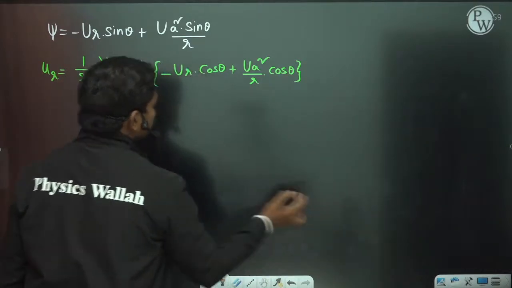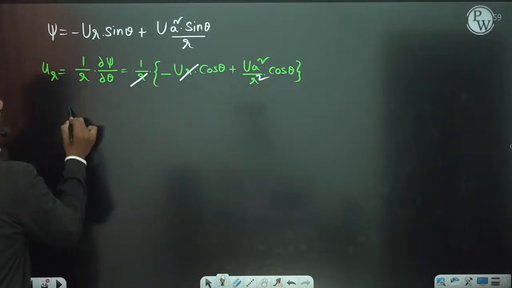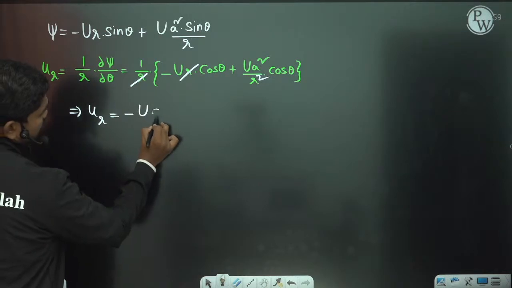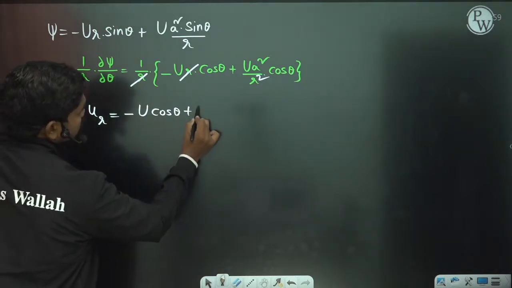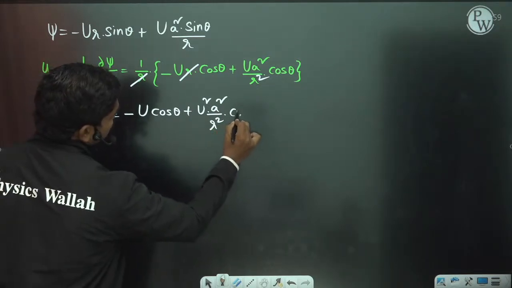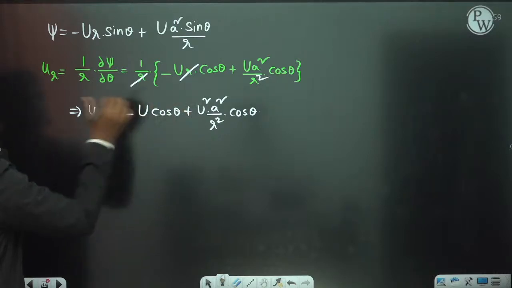If you simplify, this r cancels this r and we put an r² here. So the radial velocity at any given location is minus U cos θ plus U a²/r² cos θ. This is the expression for radial velocity at any radius and at any angle.